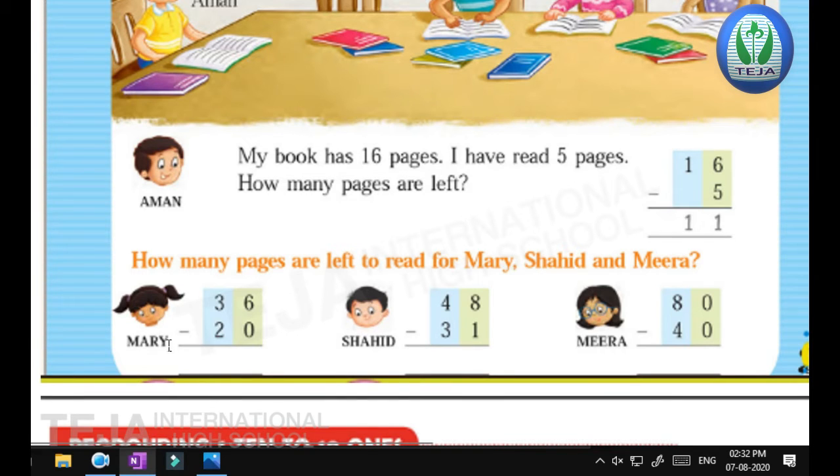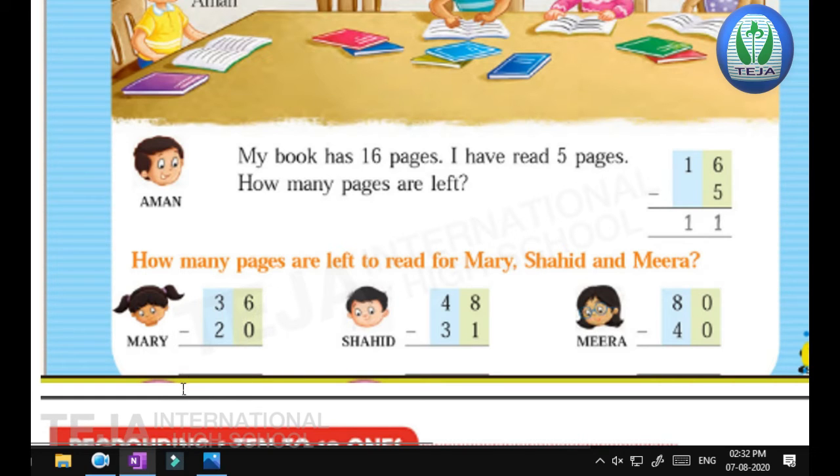Now we have to find how many pages are left to read for Mary, Shahid and Meera. First we'll see Mary. Now the total pages in the book that Mary is reading is 36 pages. Out of 36 pages, she read 20 pages.